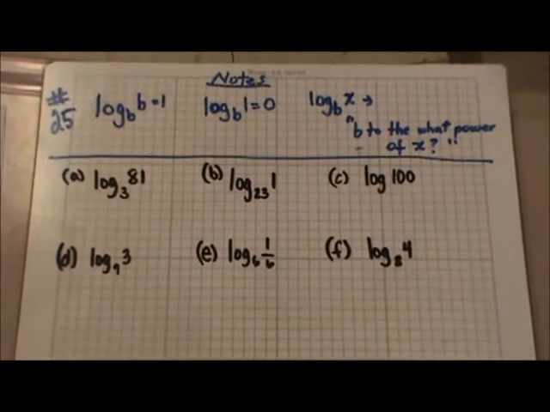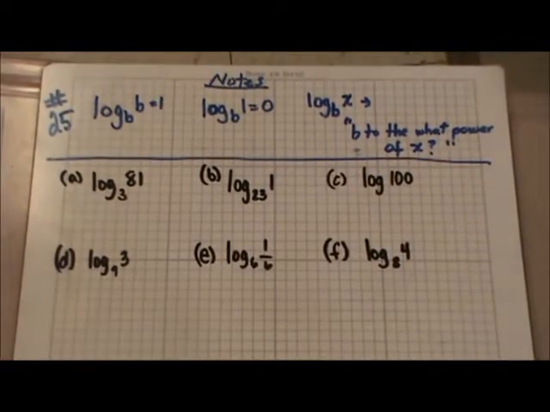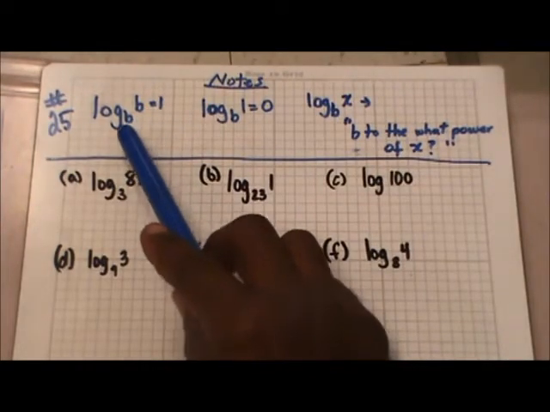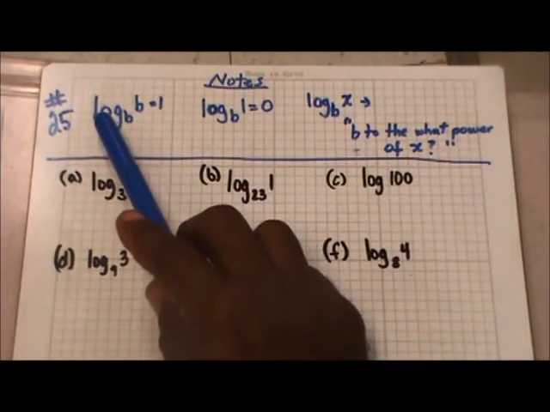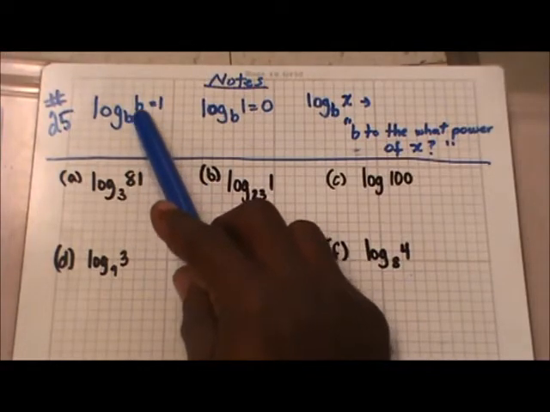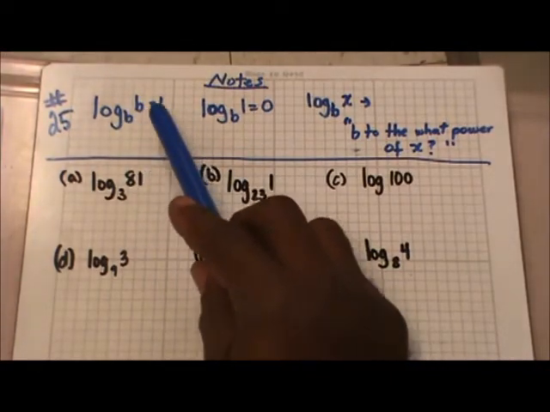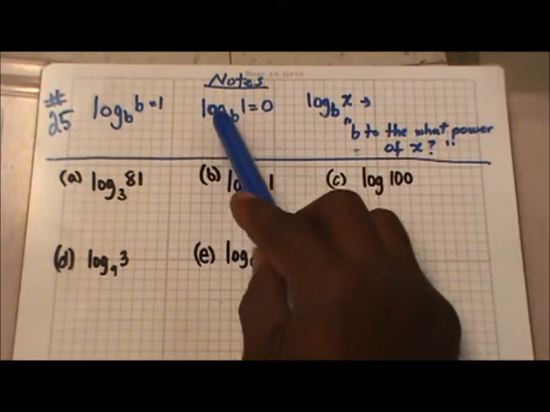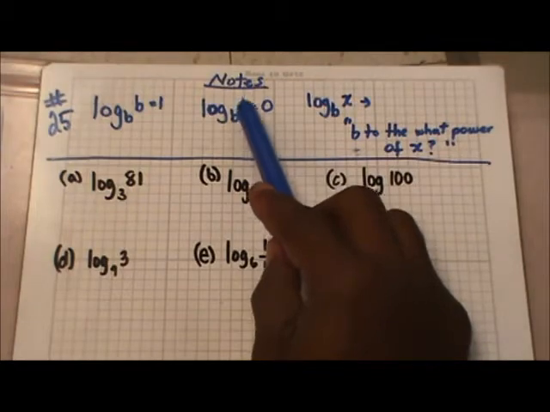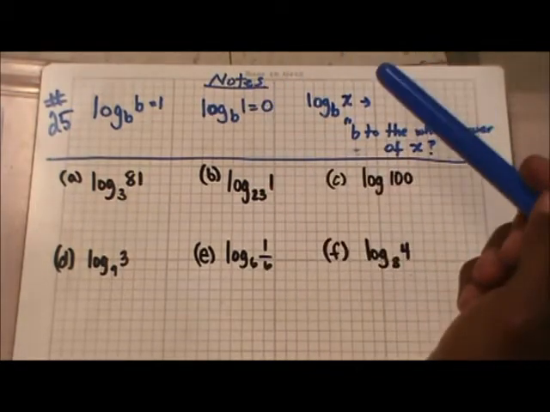Number 25 says evaluate each expression. We've got a few rules and notes. Log base b of b is equal to 1. So if we ever get these numbers the same, then it's just going to be equal to 1. Log base b of 1, anytime there's a 1 here, it's going to be equal to 0.